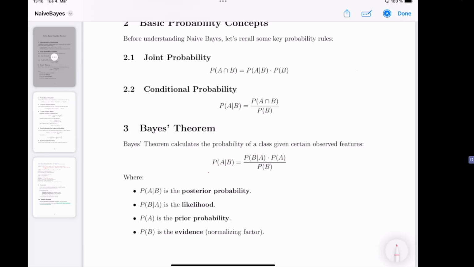When you talk about the conditional probability in the context of classification, the given part, so you say A given B, A is a class, B is a subset.